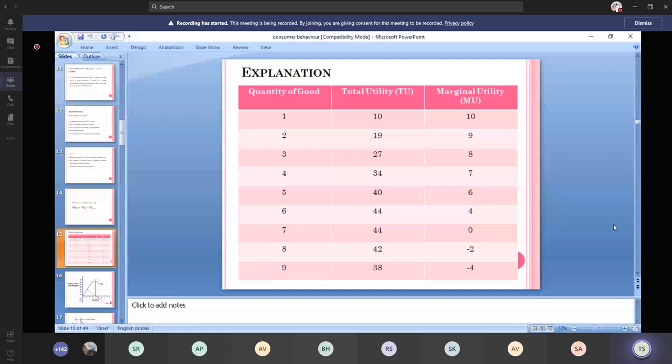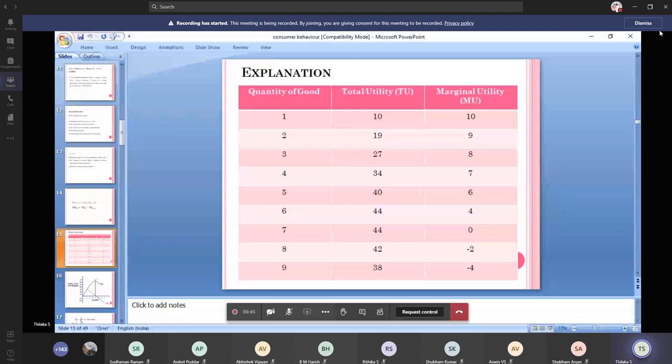So according to this table, he consumes 1 to 9 units continuously, and the second column says the total utility which he receives from all the products, and the last column says about the marginal utility which he receives from the last unit of the product.